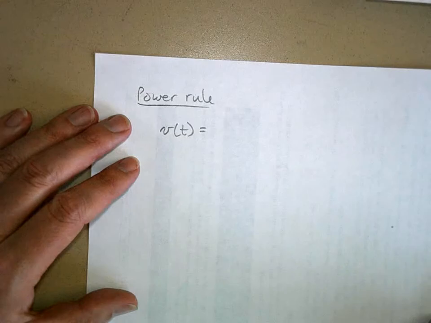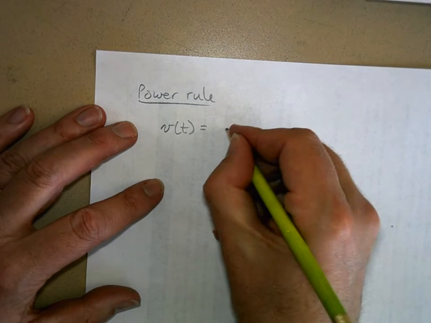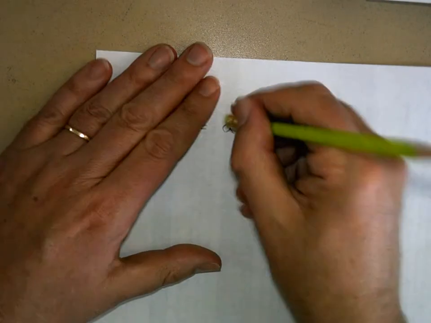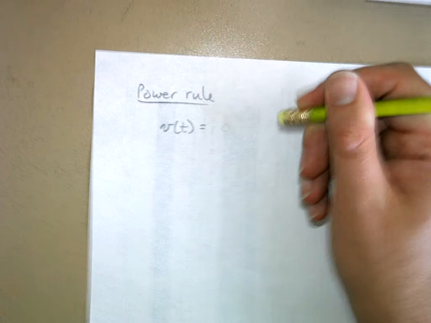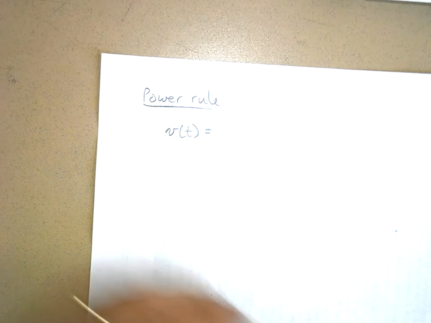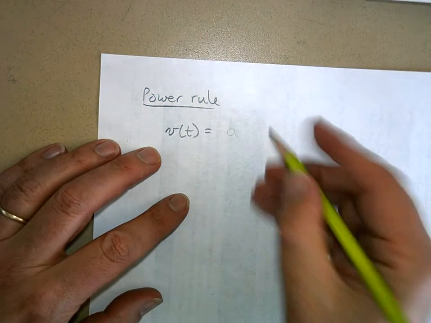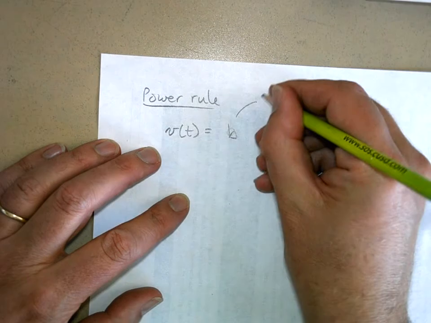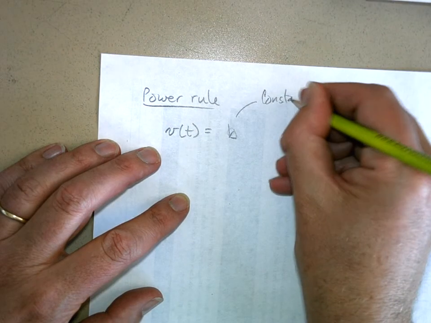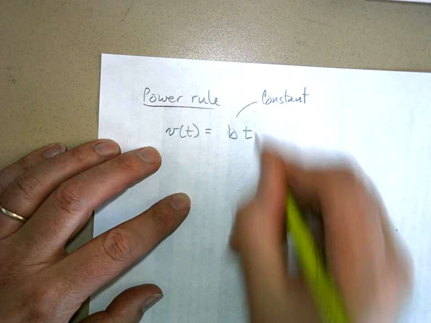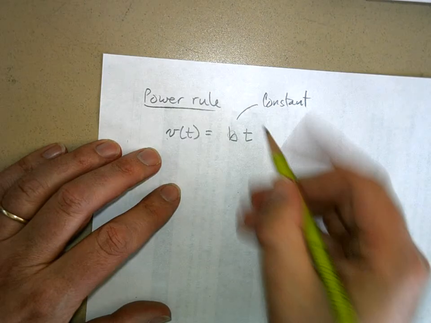So let's say that it's the acceleration, or not acceleration, I'm sorry, let me use a different letter, because a means acceleration in physics. So I'll use b. That's just some constant that goes out in front. Times t, right? Velocity is a function of time to the n power.